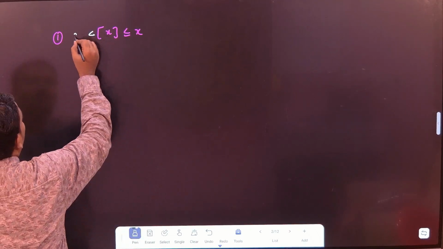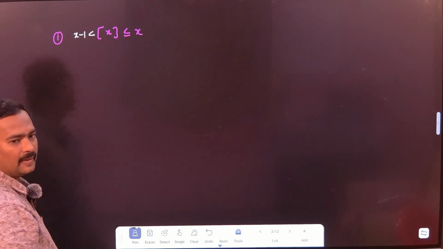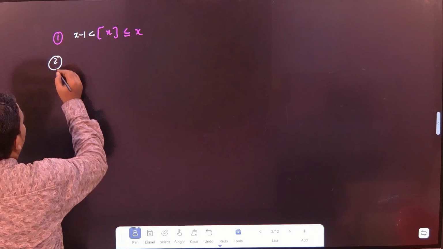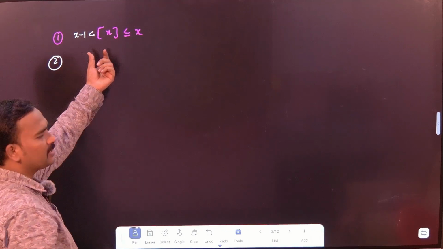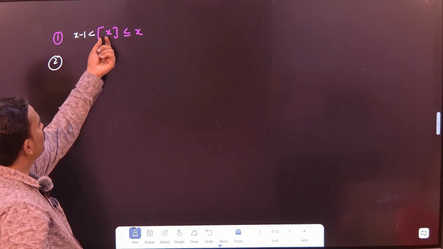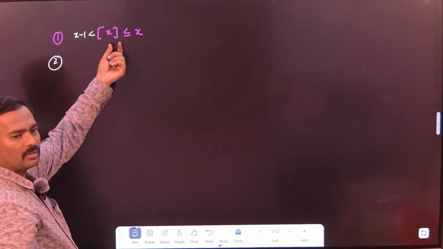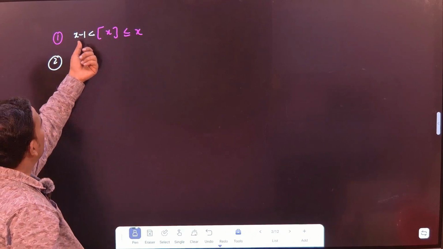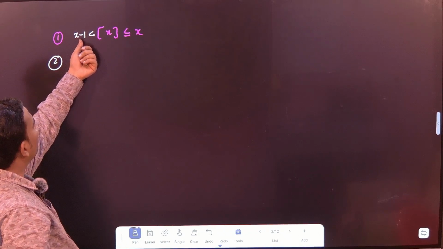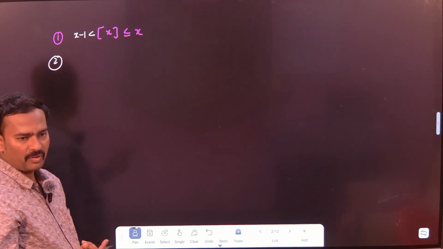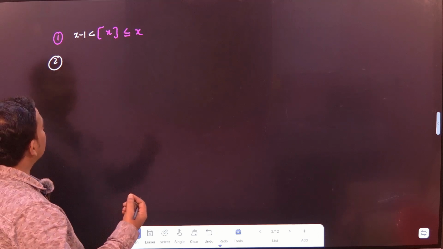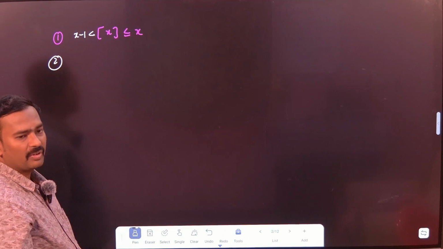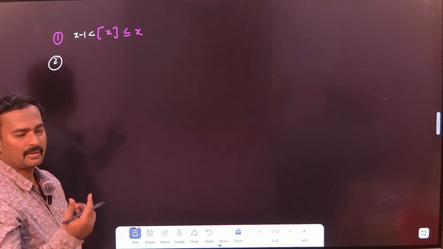If you are not able to understand, let's take 1.5. The greatest integer of 1.5 is what? 1. 1 is less than or equal to 1.5, and 1.5 minus 1 is what? 0.5. 0.5 is less than 1, which is less than 1.5. It satisfies the inequality, right?